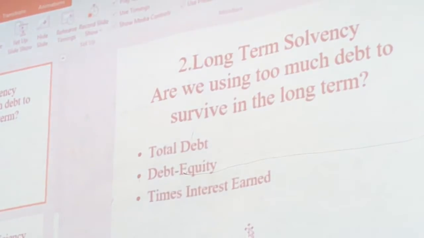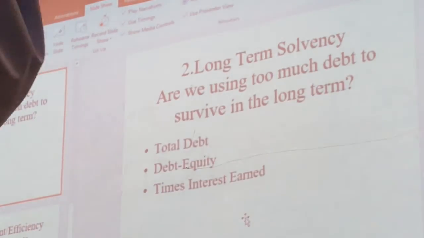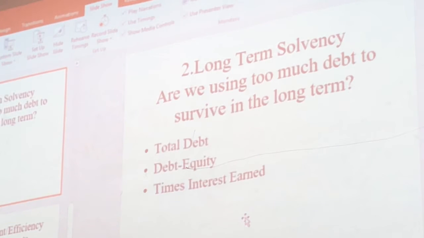Number 2 is the big question. What group is this? This is called long-term solvency. This is typical. When a firm is not doing well, they're losing money left and right, so they have to get a fresh infusion of funds, right? So how do they get a fresh infusion of funds?